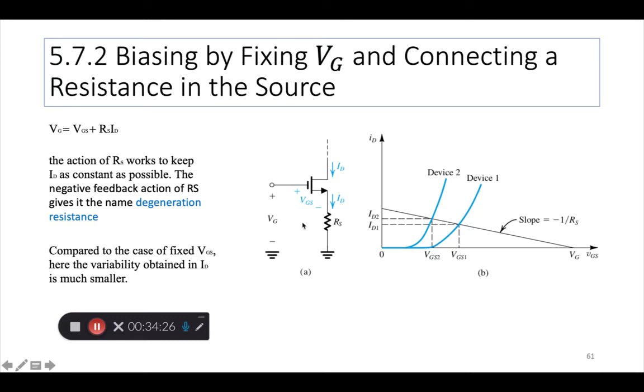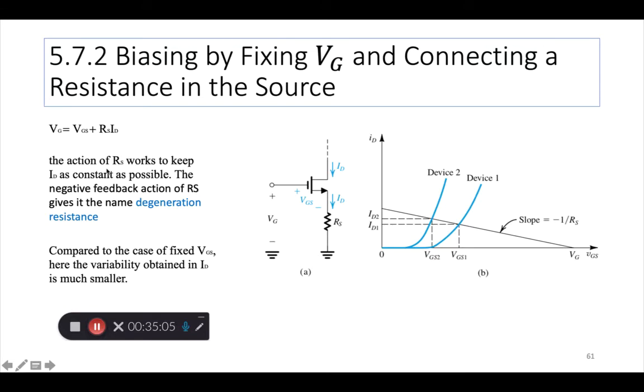So here is one popular, simple solution. You first fix VG. The gate voltage is fixed, and the only modification you do is now to bring a resistance in the source circuit, RS, right? By having this new component, the resistor in the source circuit, you're able to overcome some of those manufacturing issues that we just talked about.